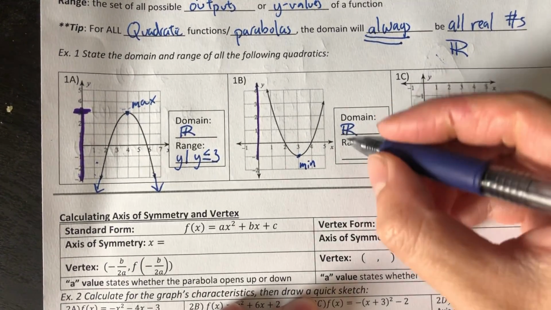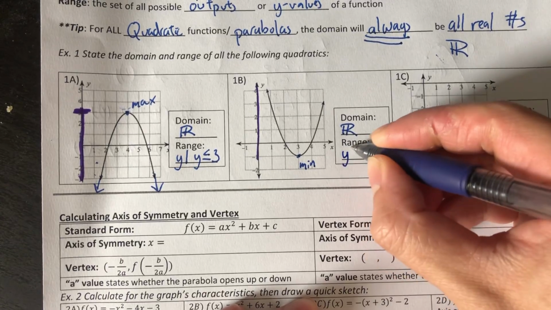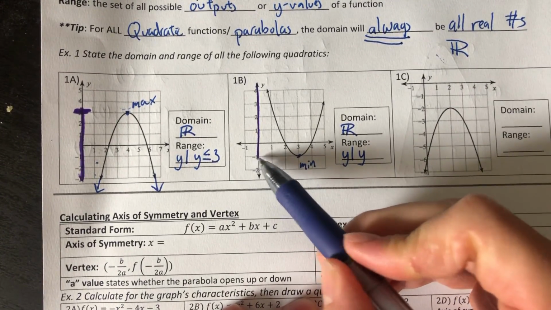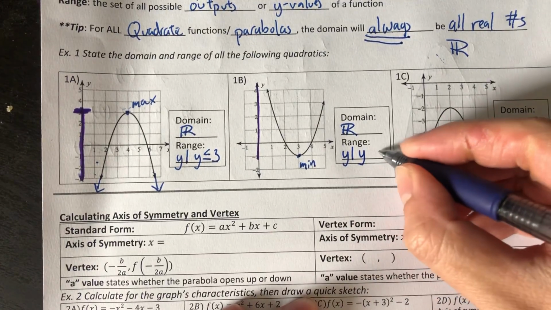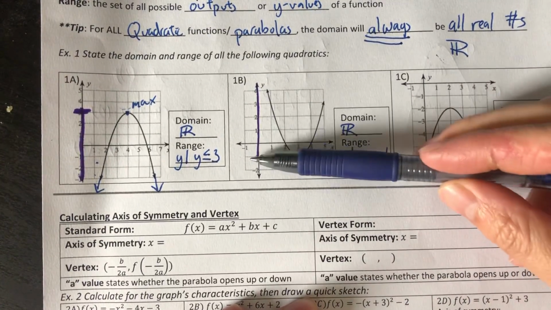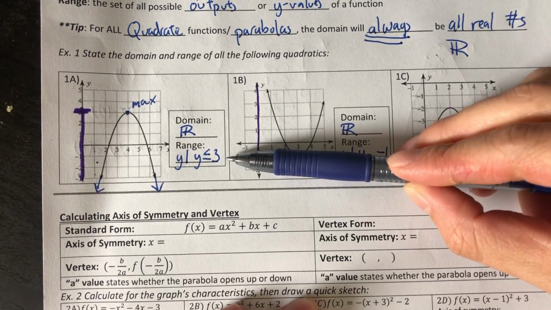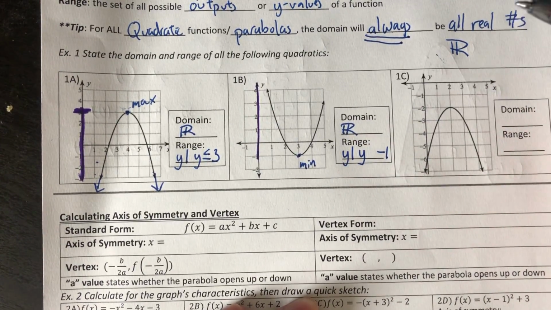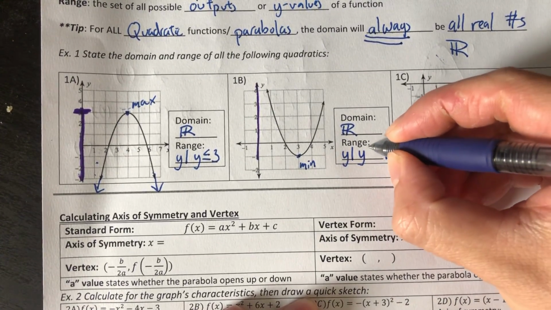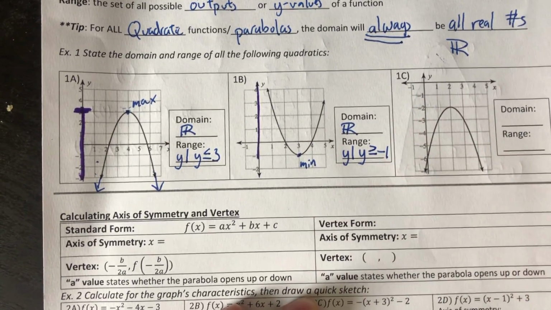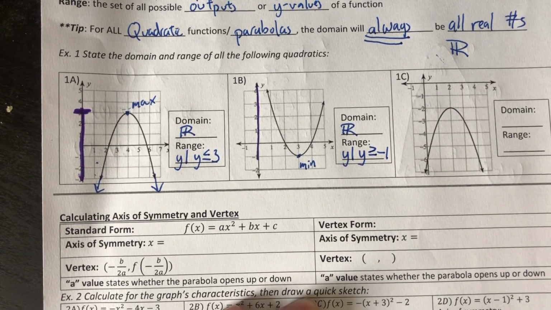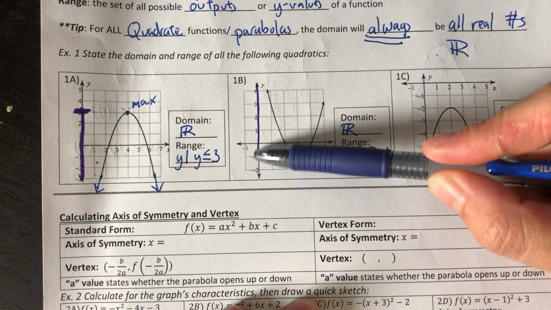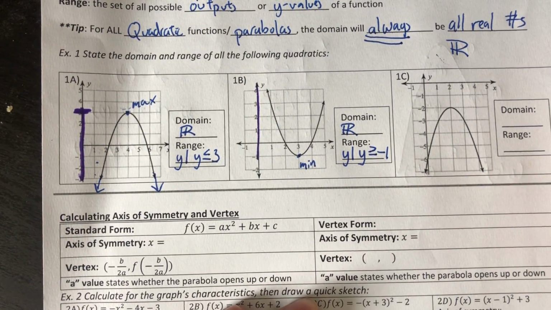That means that my y value, y such that y, so here's the lowest point is going to be -1. So am I going to write y is less than -1 or y is greater than -1? Which way did I highlight my y-axis? That is correct, y is greater than or equal to -1. Because my y values, the lowest point is -1, so y has to be anything greater than -1.